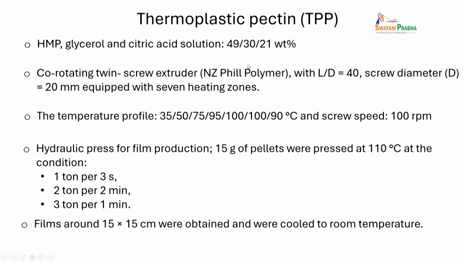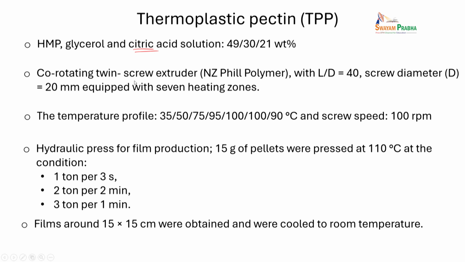The reason to add citric acid in this particular process is that, when you increase the temperature to, let's say, 90 to 100 degrees Celsius, the presence of citric acid prevents oxidation of the pectin and gives thermal stability. Okay, so they found this particular ratio seems to be the right one.